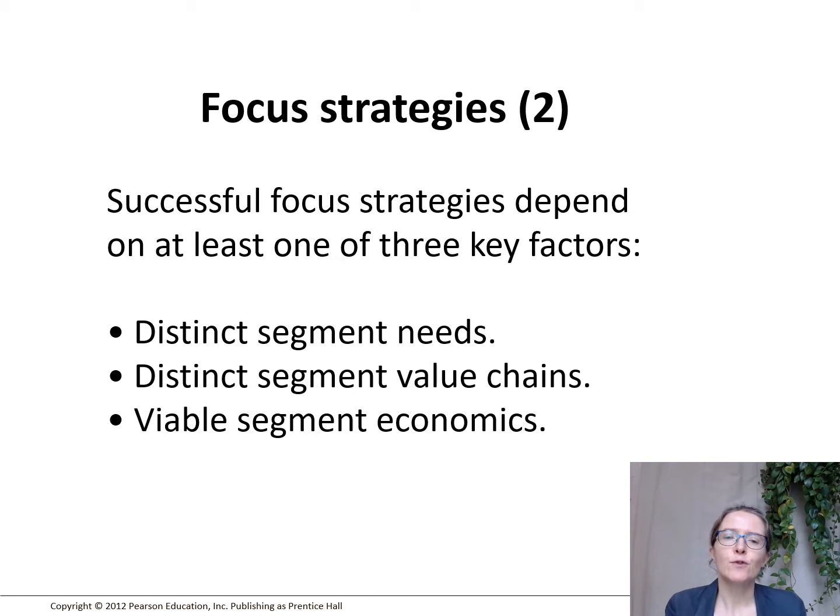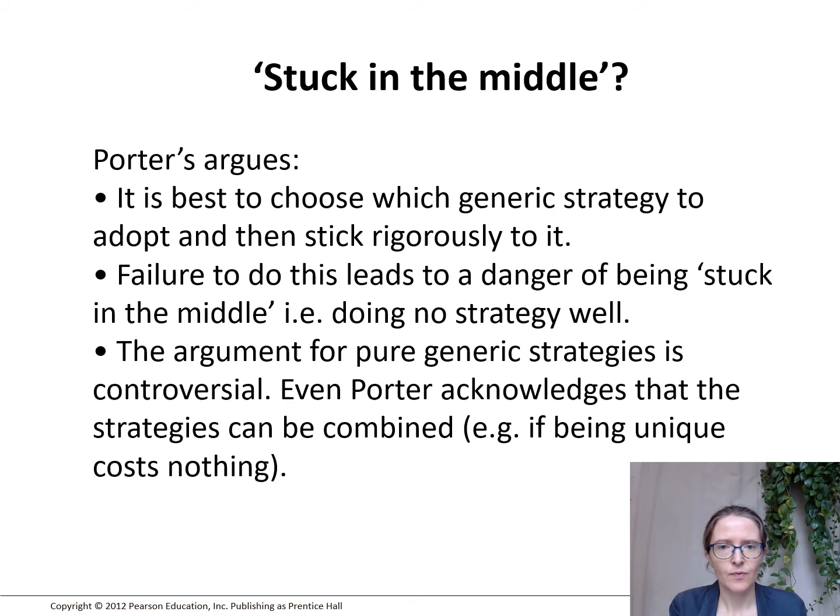And then successful focus strategies depend on at least one of these three key factors. They're either operating in a distinct segment, so they're aware of the needs of the distinct segment that they're operating in, they have distinct segment value chains, or viable segment economics.